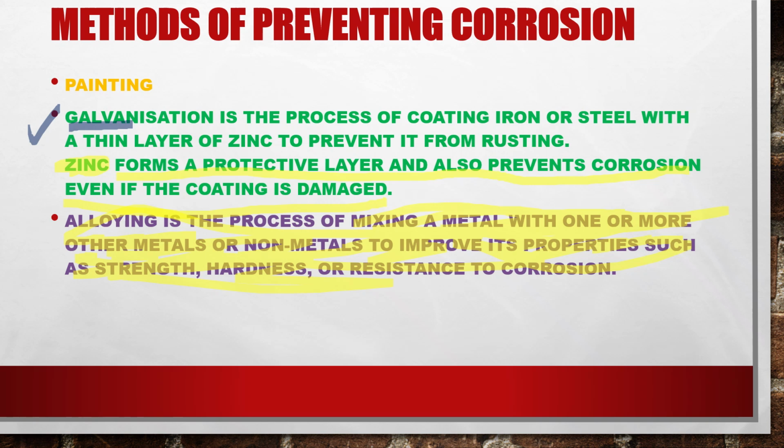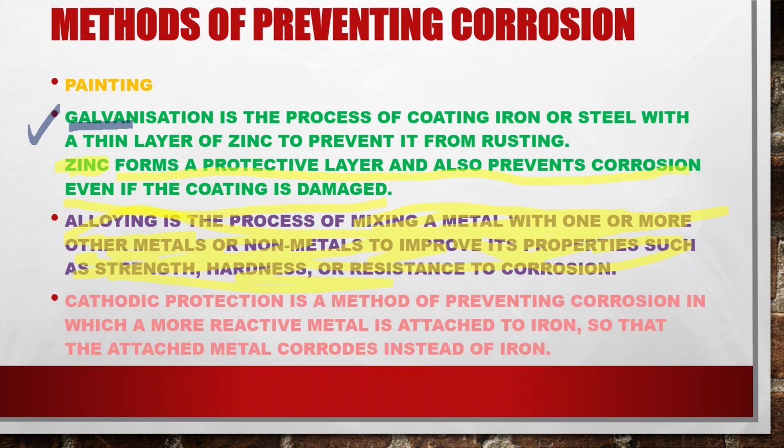So to avoid that loss, we converted to stainless steel, and stainless steel is not a pure metal, it is a mixture of metals and non-metals together, so this is called alloying. Okay, so we generally use alloying for the protection of the substance or the layer.